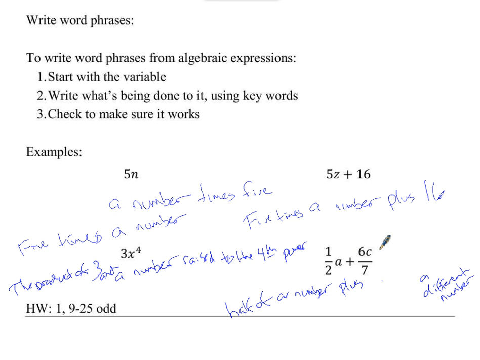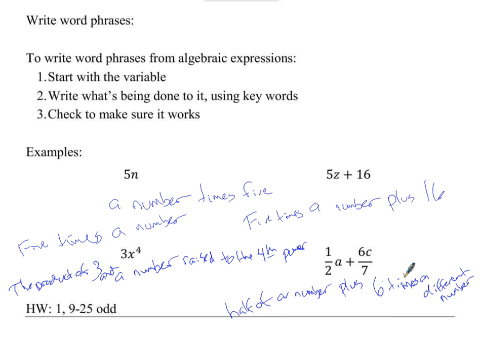I need this. Is this a sum? It's a product. We're multiplying, right? So, plus, how can we say this? 6 times a different number. Does that get it done? Okay. Plus 6 times a different number. Now finish it off.